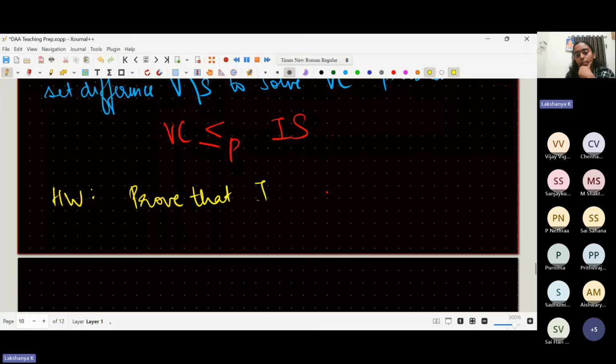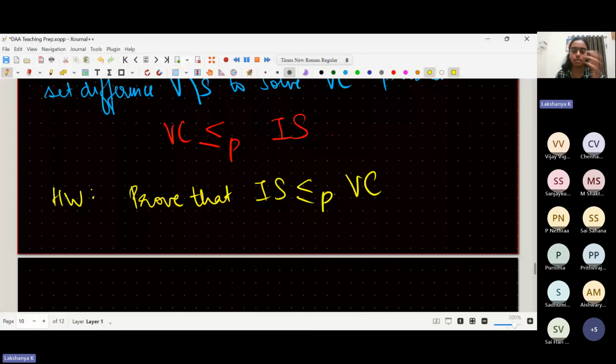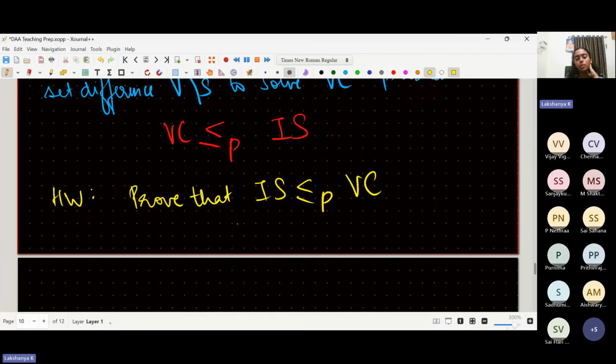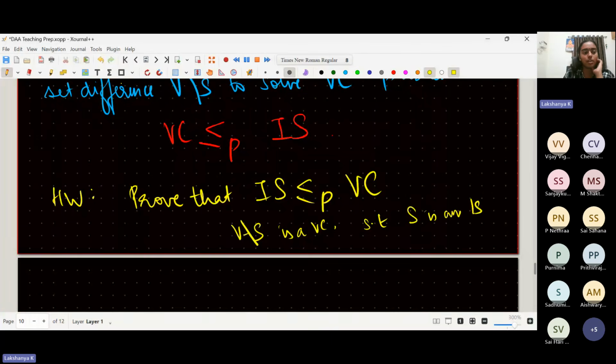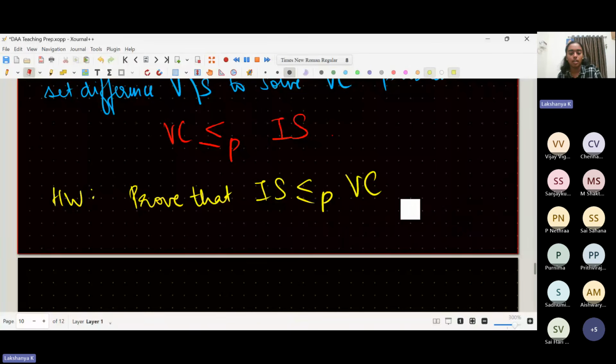Prove that independent set is polynomial time reducible to vertex cover. It's just the other way around. So basically what I want you to prove is if I tell you V minus S is a vertex cover, show that S is an independent set. Pretty simple, similar logic. Try it out.